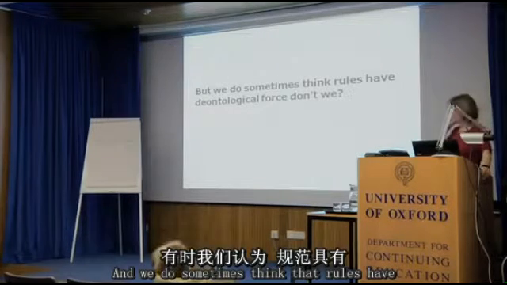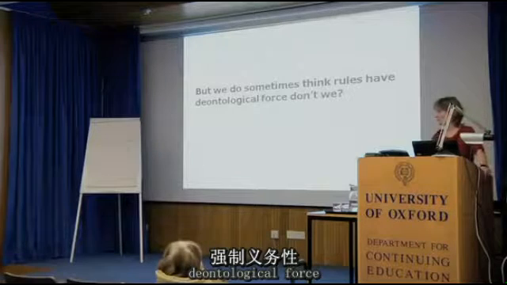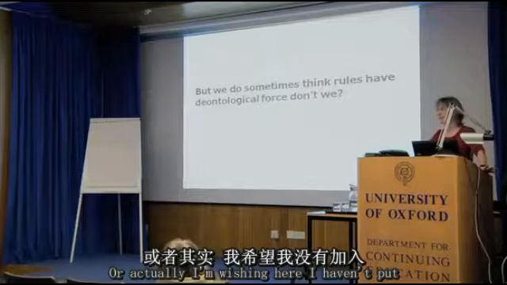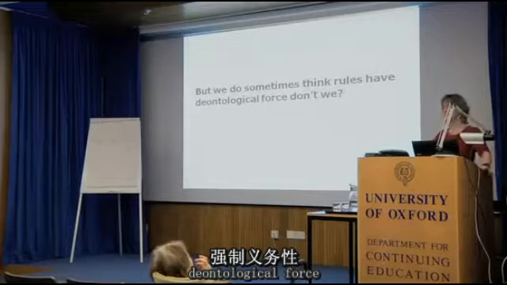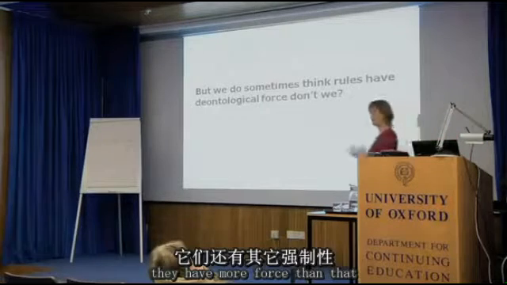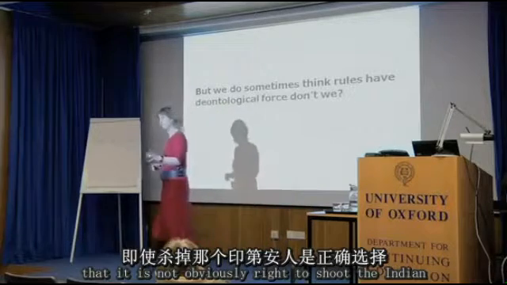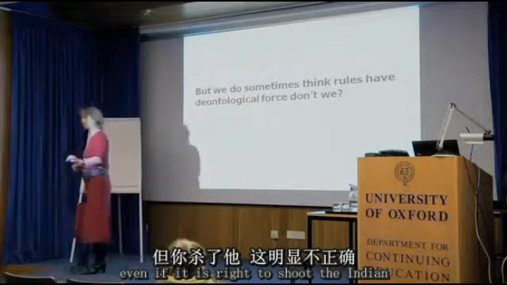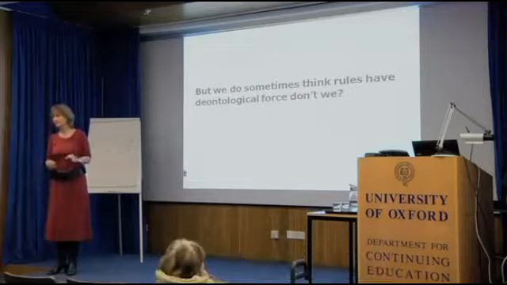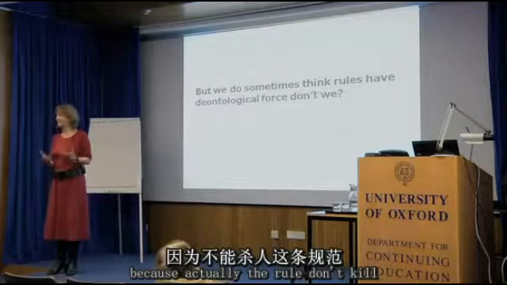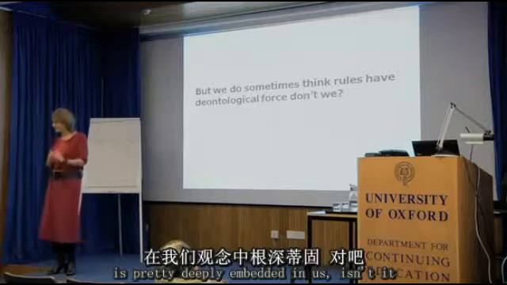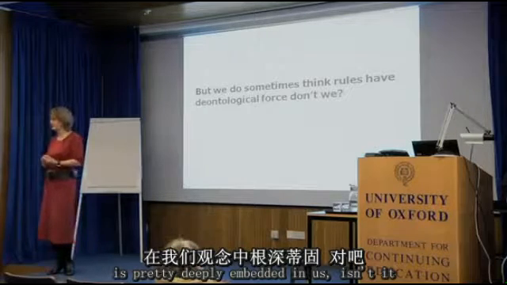And we do sometimes think that rules have deontological force, but certainly we want to say they have more force than that. Who agrees with me that it's not obviously right to shoot the Indian, even if it is right to shoot the Indian? Okay, and why do we think that? Because actually the rule don't kill is pretty deeply embedded in us, isn't it?